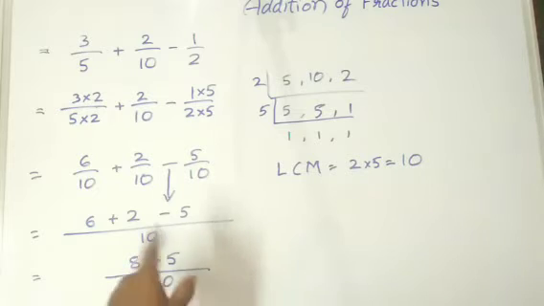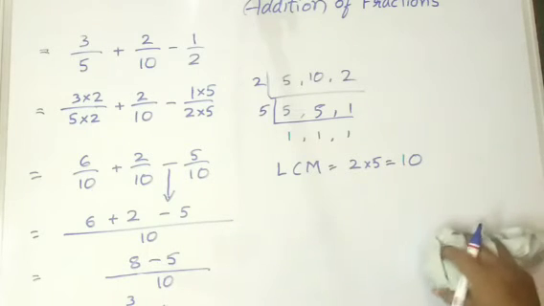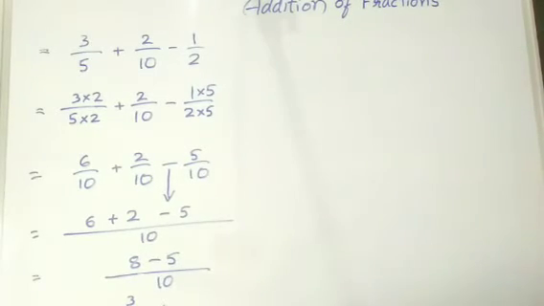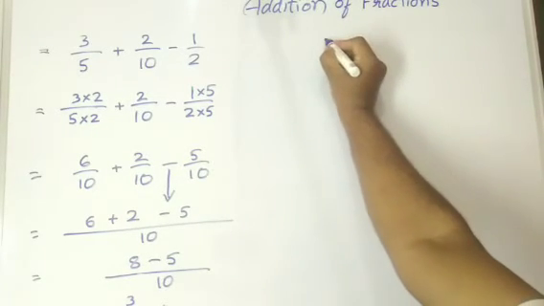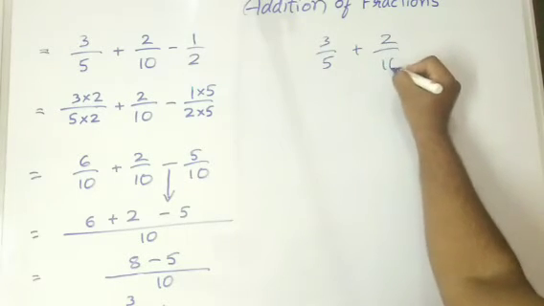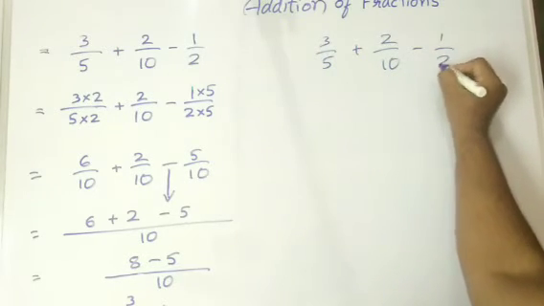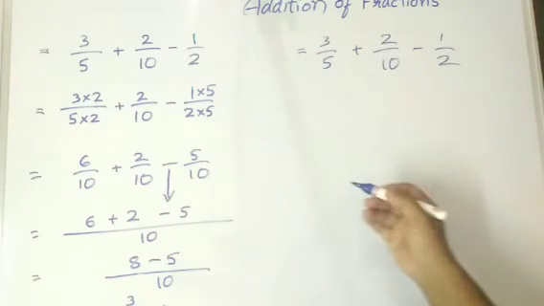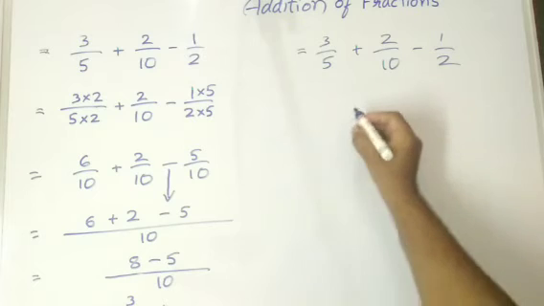So I will explain the same problem in a different way. Everybody observe here: 3 by 5 plus 2 by 10 minus 1 by 2. I think everybody knows it is the same problem. So can I take the LCM directly?